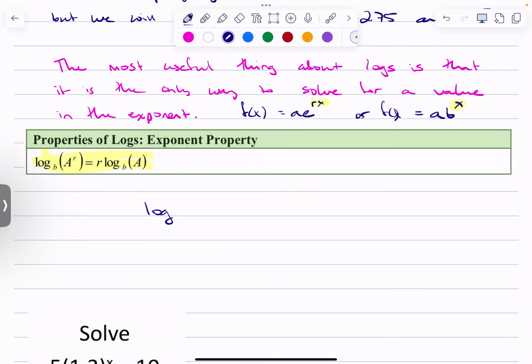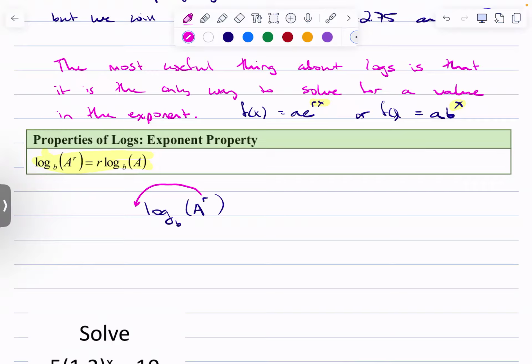If I take the log base b of a to the r, then really what the exponent property says is that I'm allowed to rewrite this with an r in front. That's cool. Because what can I do? If I need to bring something down from the exponent, I just need to wrap it up in a log.